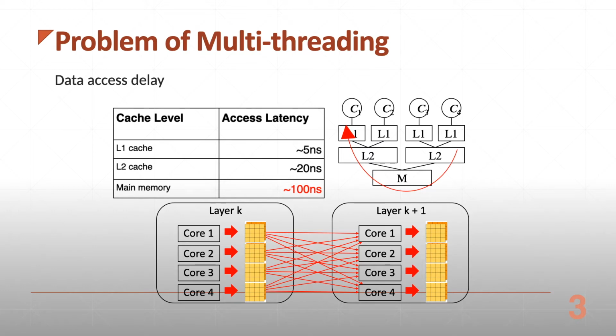Therefore, our experiments show that the multi-thread execution on all 4 cores performs worse than just running on a big core. Therefore, to truly leverage the multi-core computing capability, we need to consider the data locality effect and have a more effective parallel execution algorithm.